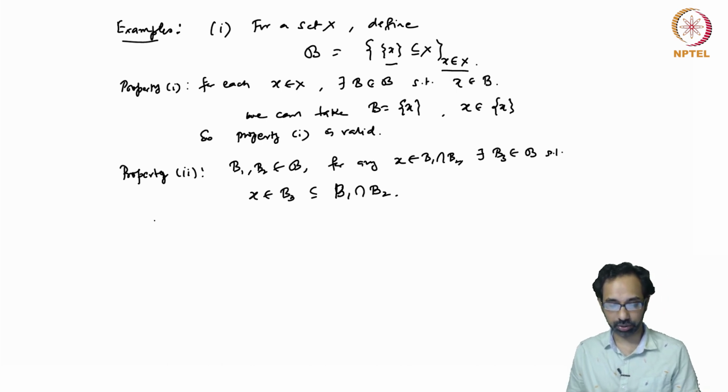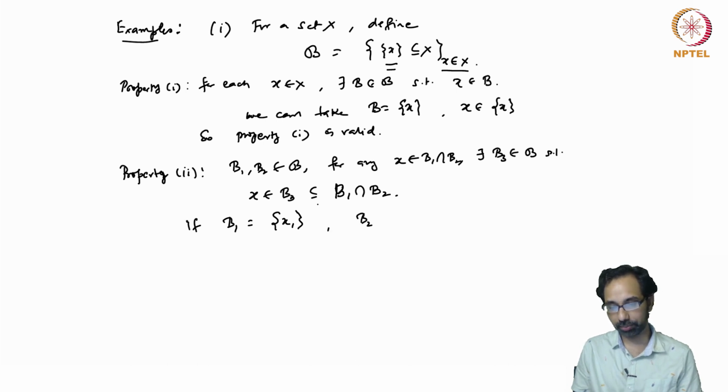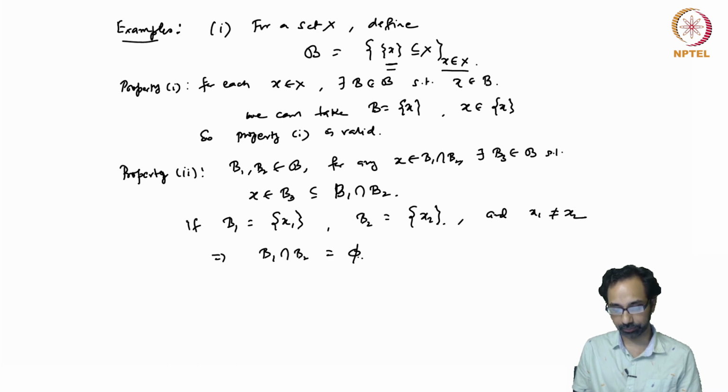So let's see why this is true for our collection of singleton sets here. So if B1 is of the form, say, {X1}, and B2, because they are basis sets, must always be of this form by definition, is of the form {X2}, and X1 is not equal to X2, then B1 intersection B2 is empty.